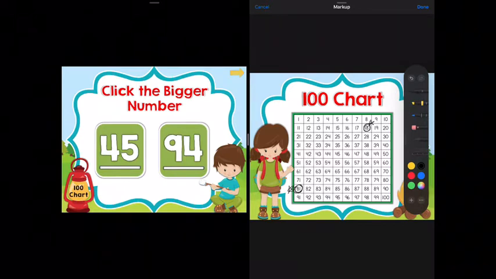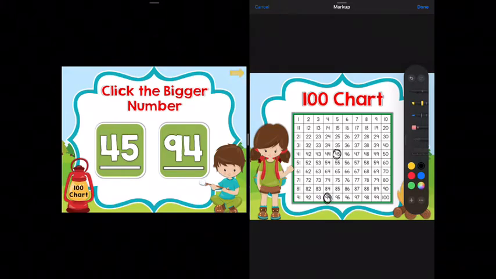Good job, guys. Click the bigger number, 45 or 94. Let's look over at our 100 chart. Let's find 45 right here. And let's find 94, and it's right here.